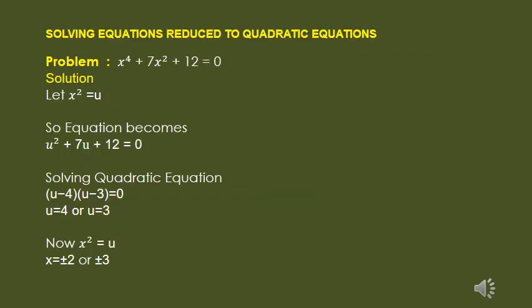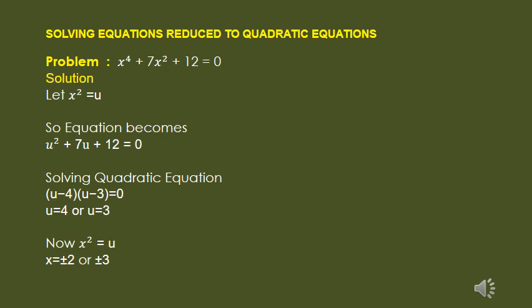Students, from an exam point of view, this is an important type of another variety, that is x raised to the power 4 plus 7x square plus 12 equal to 0. When we solve this equation, first of all we have to convert this equation into quadratic form. So let us consider x square equal to u.